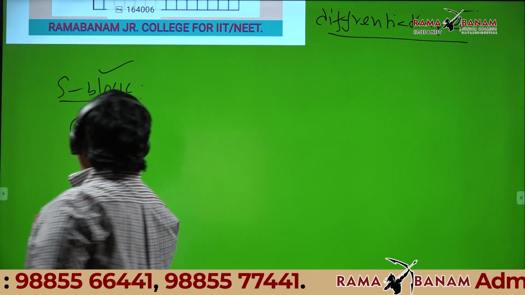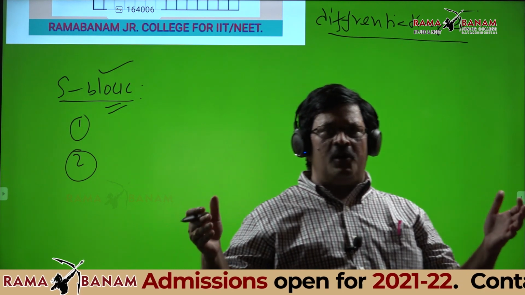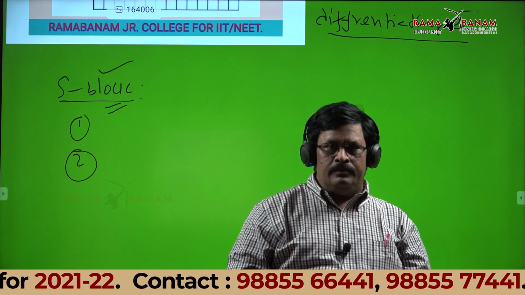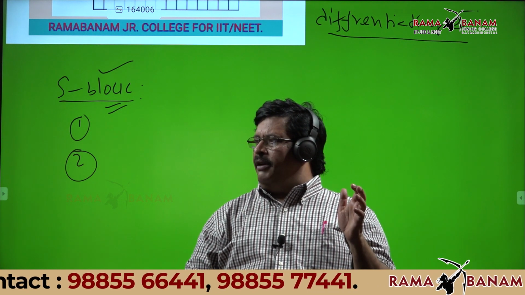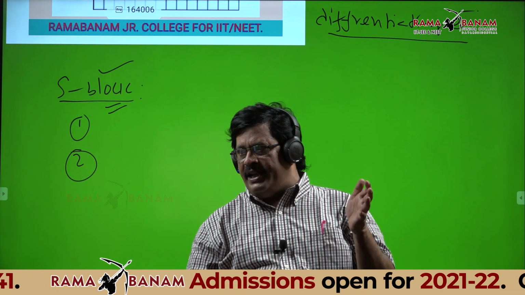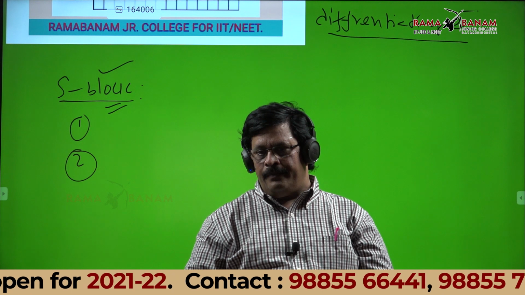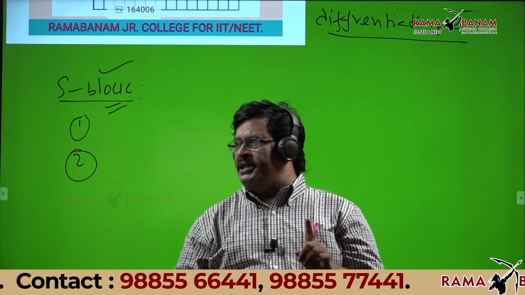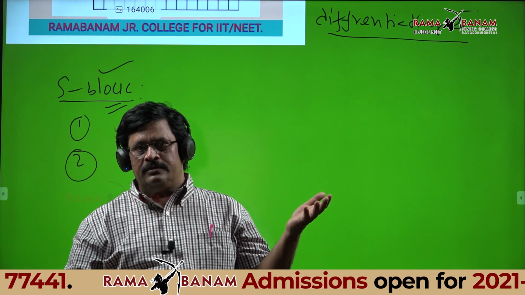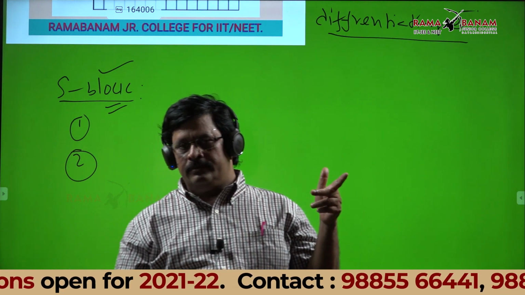Can anyone tell how many columns, how many groups are present in S block? Sir, 2 groups. Sivaram Krishna, how can we say that it accommodates only 2 groups? S orbital can hold only 2 electrons. Then how many electrons can a p orbital hold? 6.